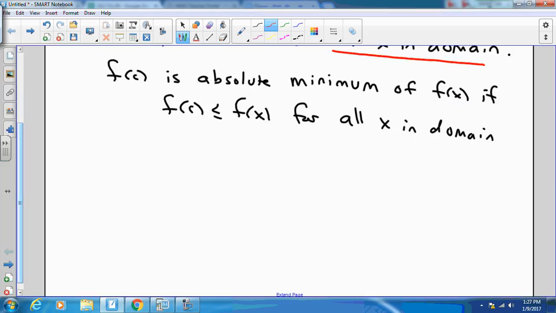And to give you an idea of how these are similar and different, I want to consider the function f of x equals x squared on the interval -1 to 2. Everybody go ahead and sketch a graph of f.